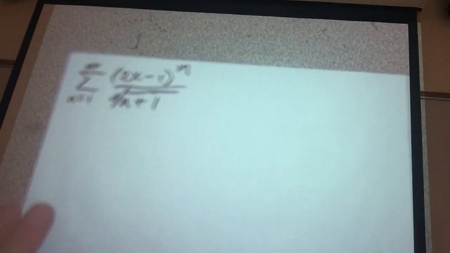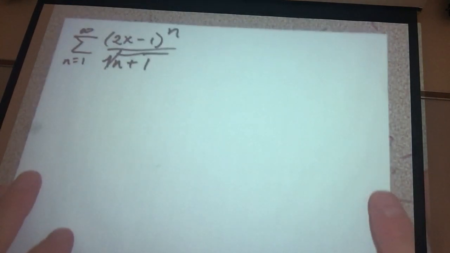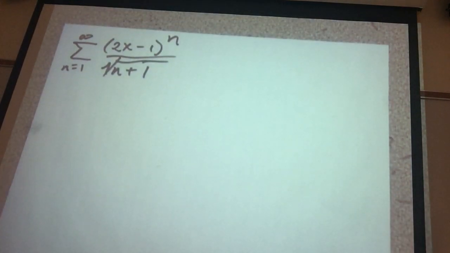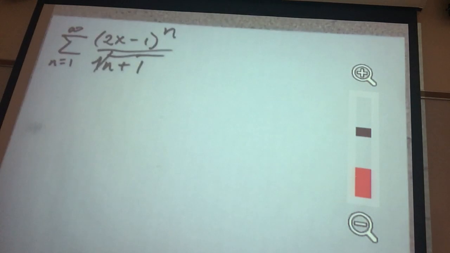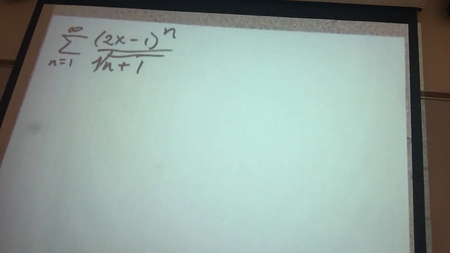Okay. We're going to look for the radius and interval of convergence of this infinite series right here. To start this problem, the first thing to do is the ratio test.